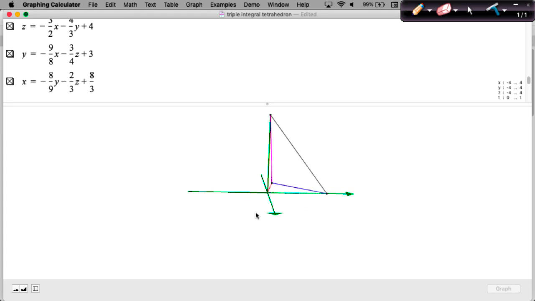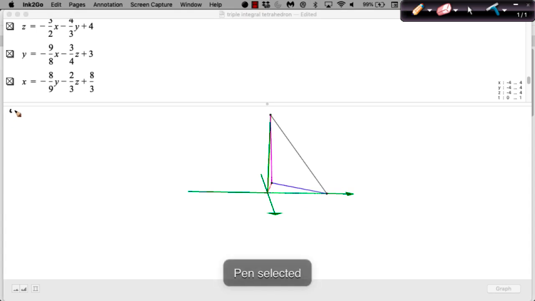What was the first variable of integration for the ones we called type 2? X. So we're going to do dx first.